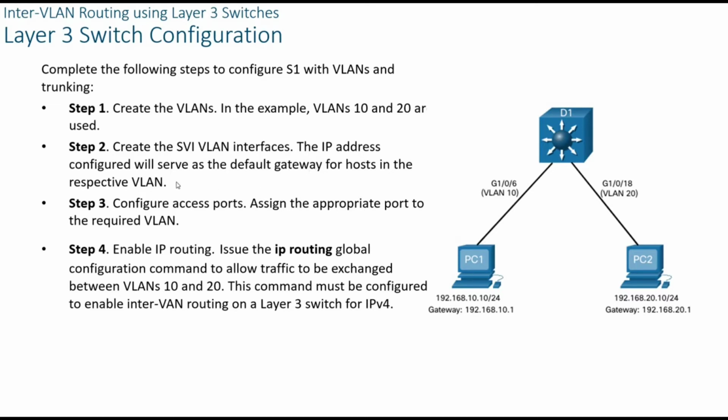The IP addresses configured will serve as the default gateway for the hosts in the respective VLANs. Then configure access ports, assigning the appropriate port to the required VLAN. Then enable IP routing, by issuing ip routing in global configuration mode, to allow traffic to be exchanged between VLANs 10 and 20. This command must be configured to enable inter-VLAN routing on a layer 3 switch for IPv4.